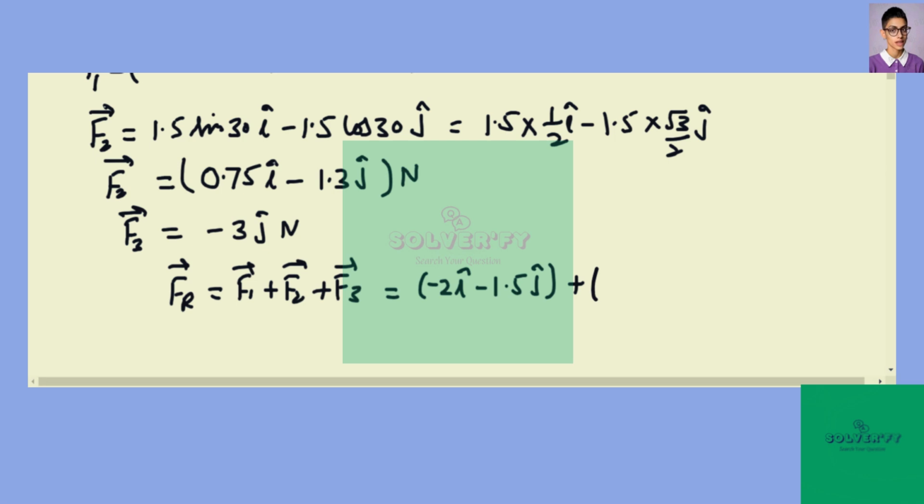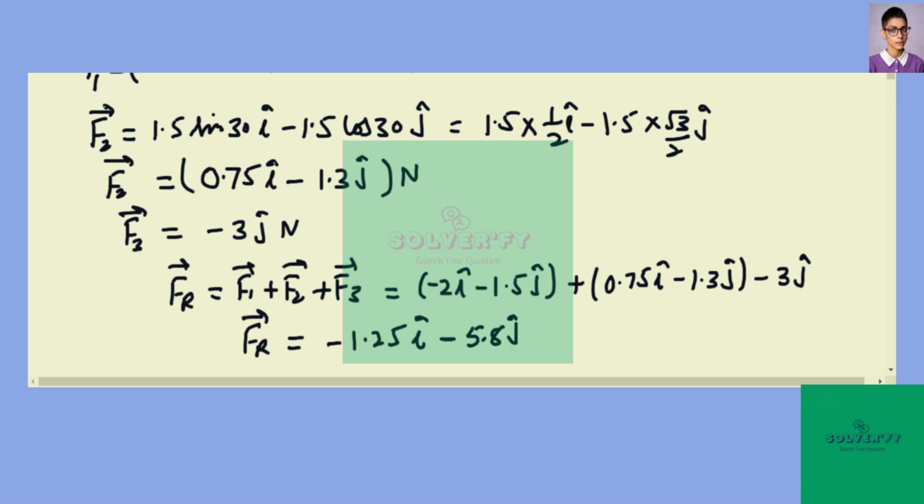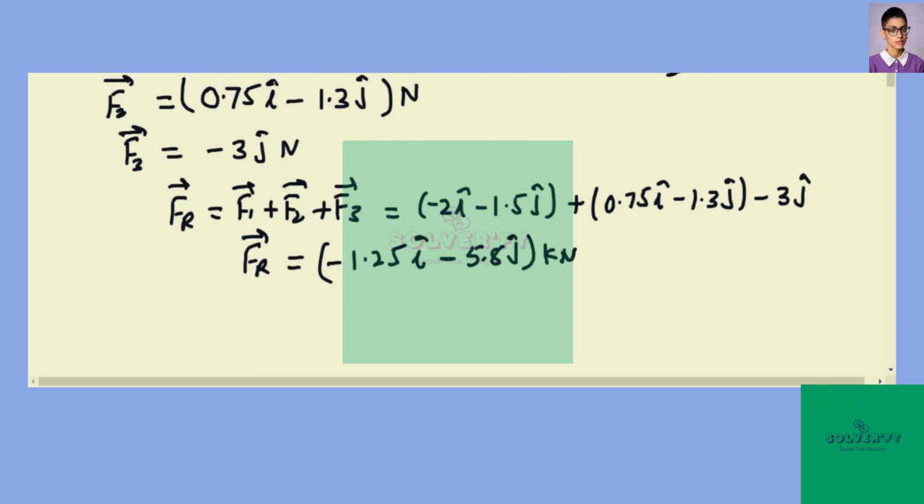F2 force is 0.75 i cap minus 1.3 j cap, and F3 is minus 3 j cap. So the resultant force would be minus 1.25 i cap minus 5.8 j cap kilonewton.